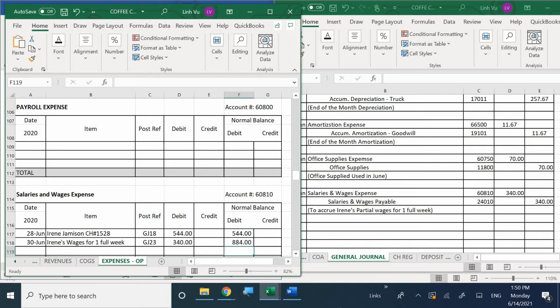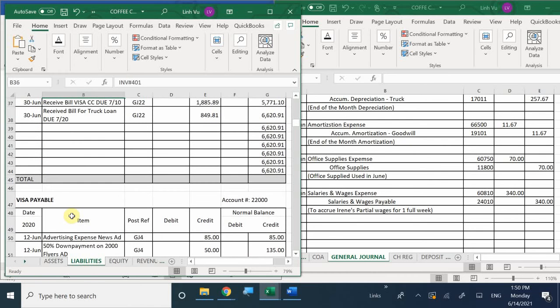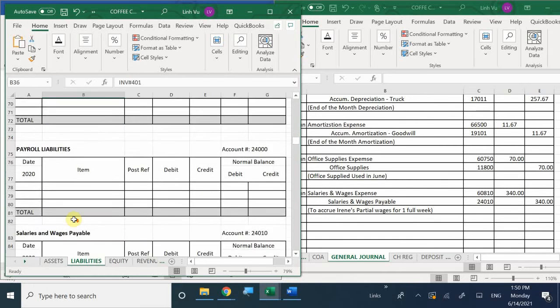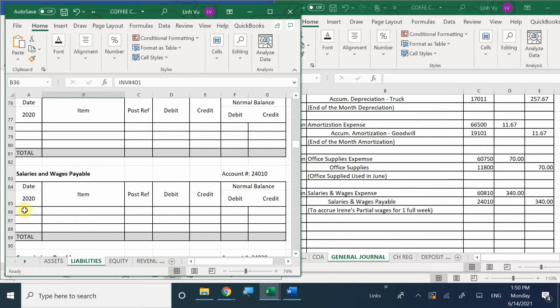And then over to salary and wages payable. And assets? What's a payable? Liabilities. Liabilities, good. Same thing, Irene's partial wages for 1 full week.